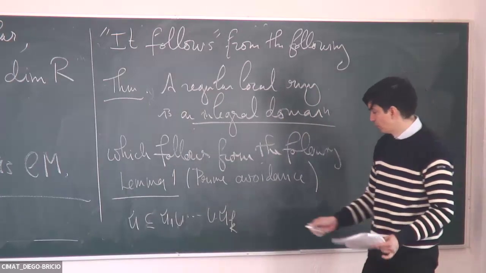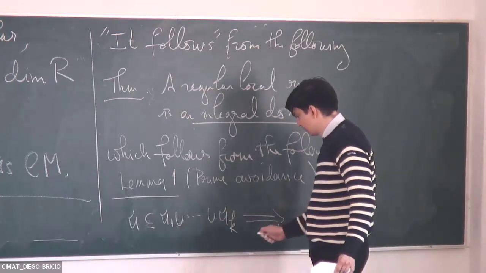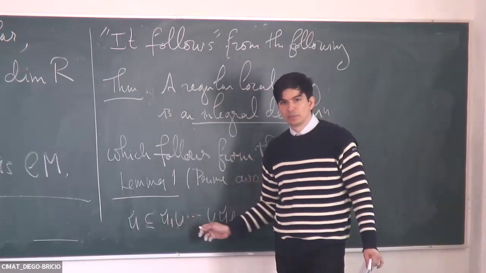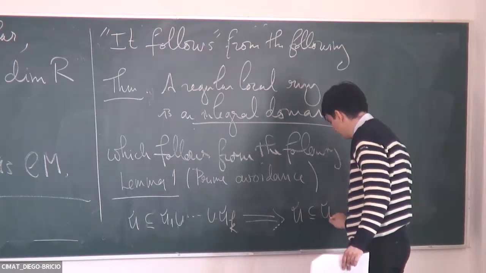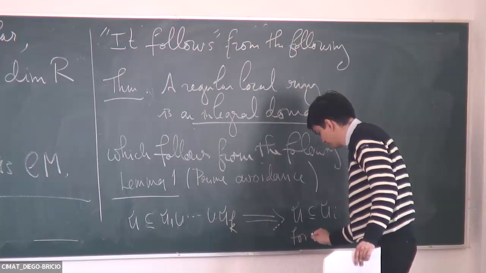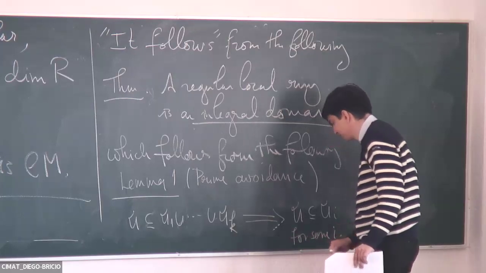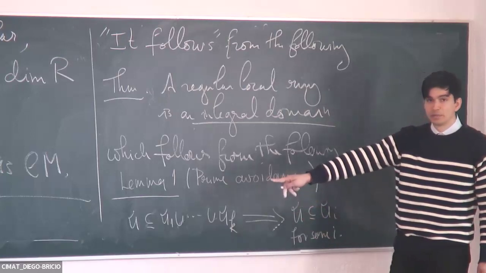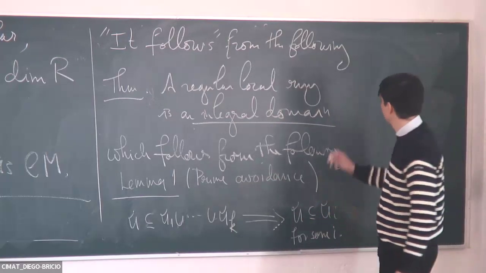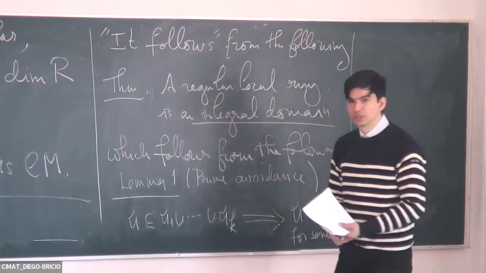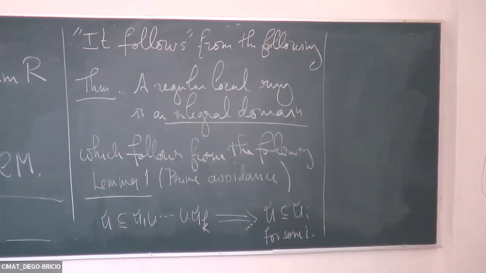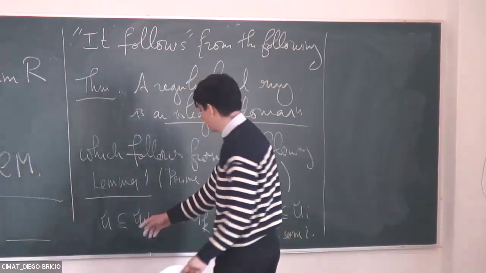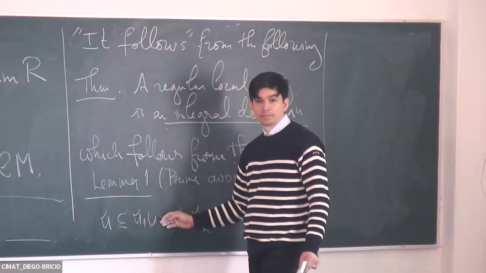Probably you know that if all of them are prime, it implies that A has to be contained in one of them. However, we need the following version. So this holds if they are all prime but at most two of them. So we have the freedom of allowing two of them to be non-prime.